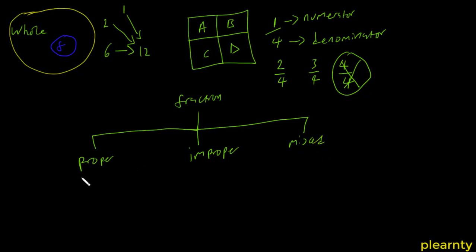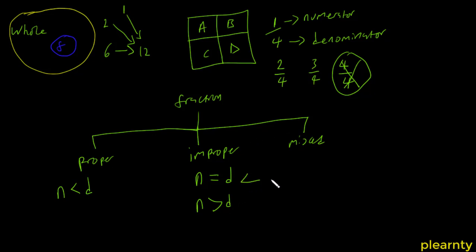So when the numerator, let's call it n, is lesser than the denominator, that is a proper fraction. When the numerator is equal to the denominator, that is improper fraction. Or when the numerator is greater than the denominator, that is also improper fraction.